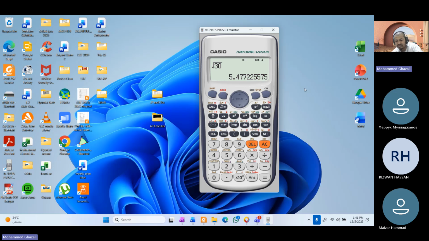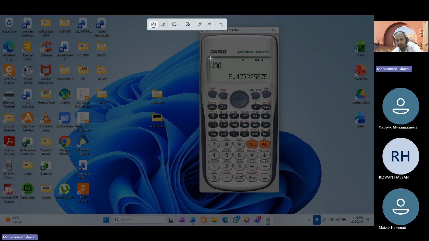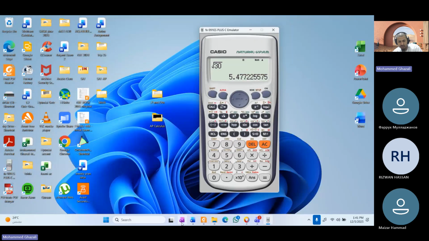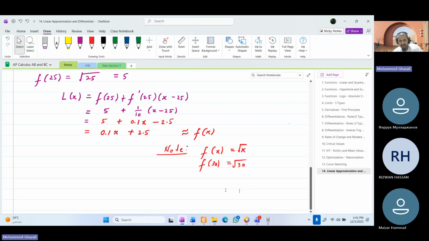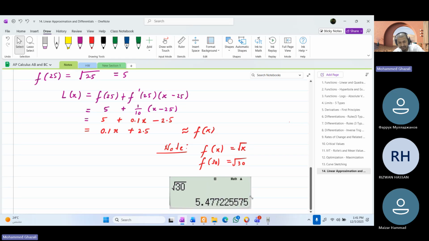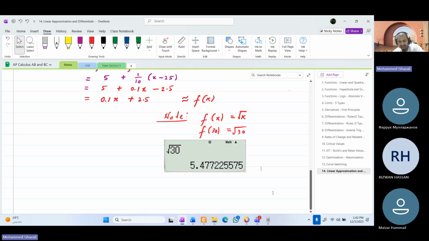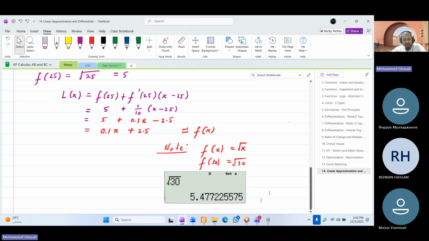Let's put this answer there. Yeah, you're right. The approximation is 5.5. But you see how close your approximation is and why it is a good tool to use to approximate. So the square root of 30 is 5.47722.